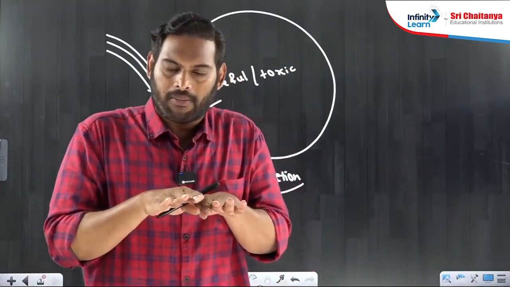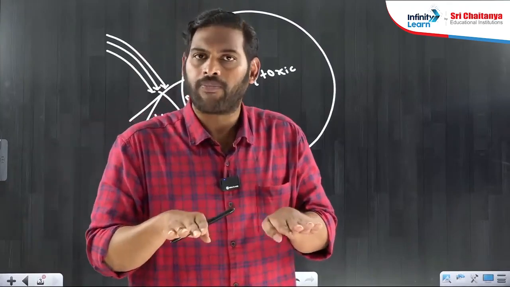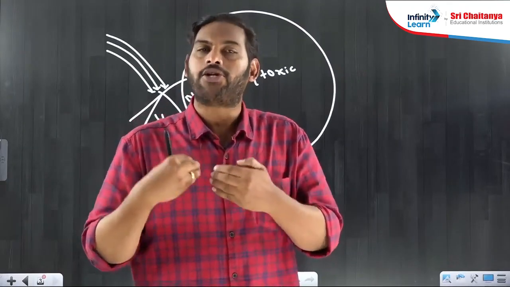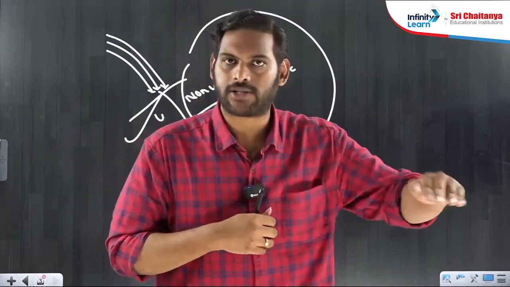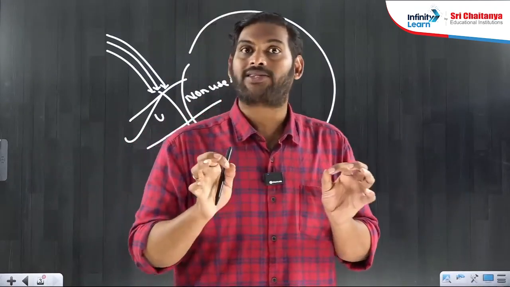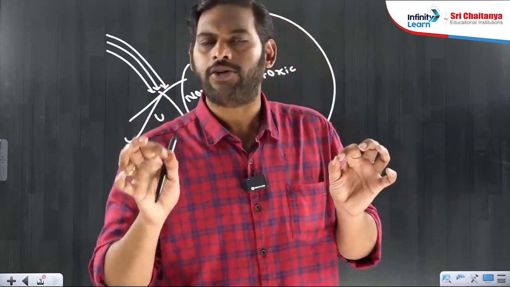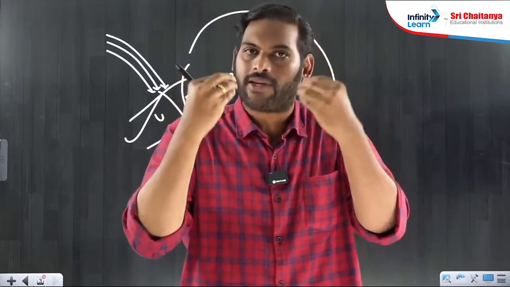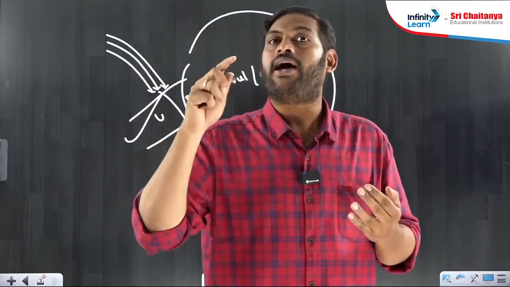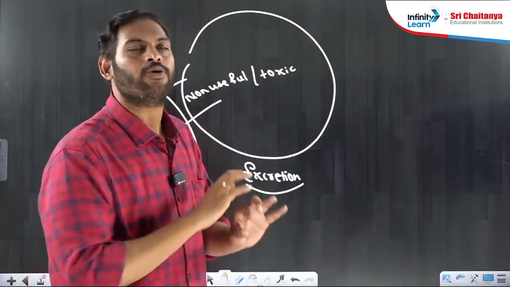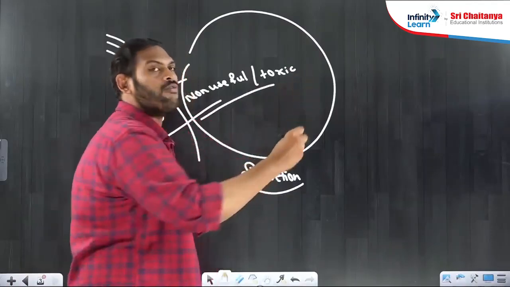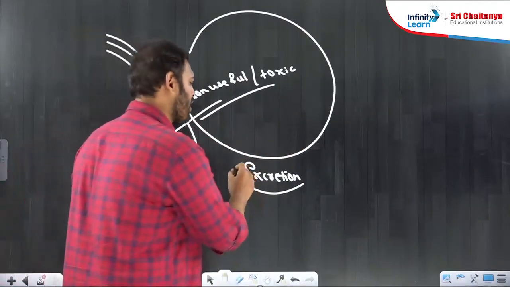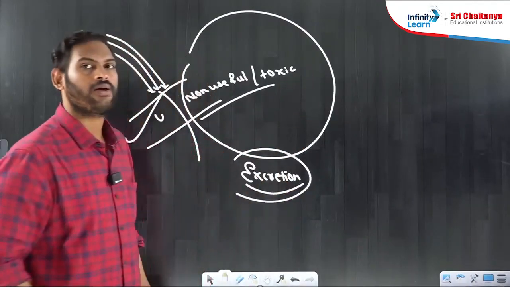You should maintain a balance in your body. If anything is deficient, get it. If anything is in excess, remove it. Isn't it? So excretion is such a phenomenon in which you eat many things, but your body will try to get some things into your cells, and some molecules must be ruthlessly sent out of your body. This elimination of toxins from your body is referred to as excretion.